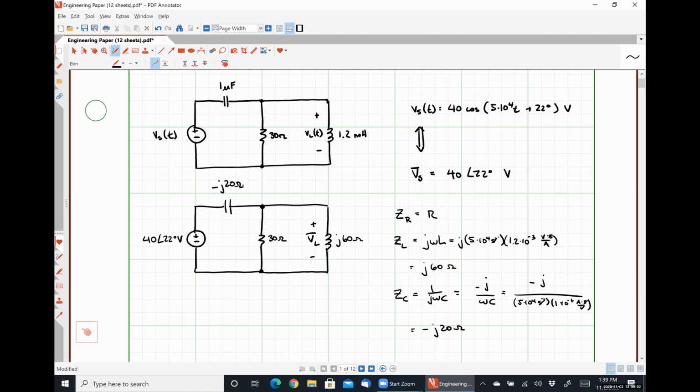So we have converted from the time domain to the frequency domain. So now we are at a point where, other than these pesky complex numbers, our circuit looks exactly the same as a DC circuit. So using simple DC circuit analysis techniques, how could I determine that voltage VL?